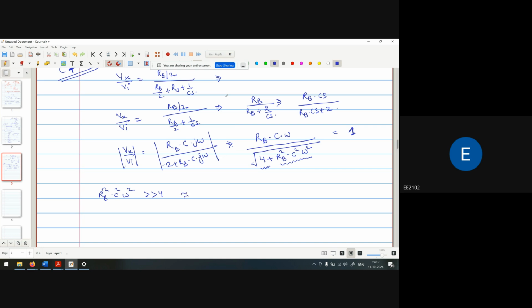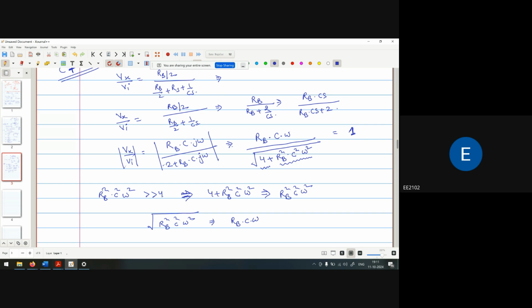That implies 4 plus Rb square C square omega square is equal to Rb square C square omega square. If I take the square root of this, it becomes Rb into C into omega.